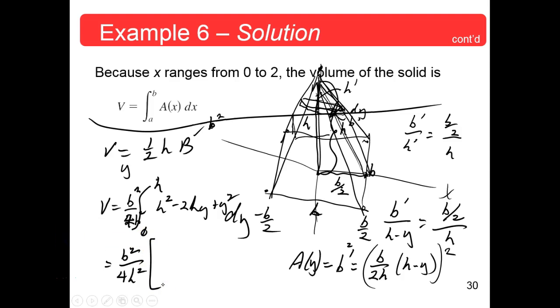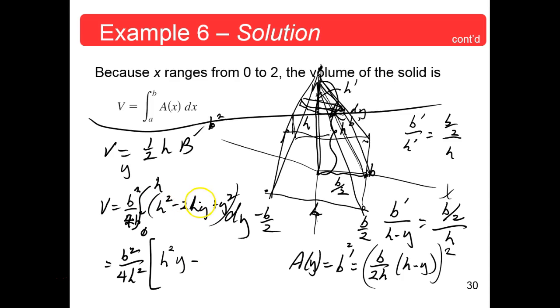What's the integral of x squared? That's just a constant, by the way, with respect to y. h squared y. Later, when we evaluate it, it will be h cubed, but let's not evaluate it yet. That's just a constant now.